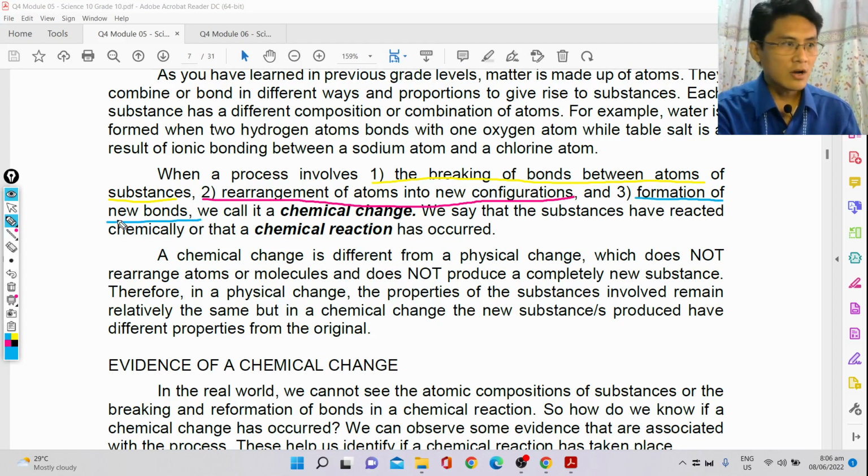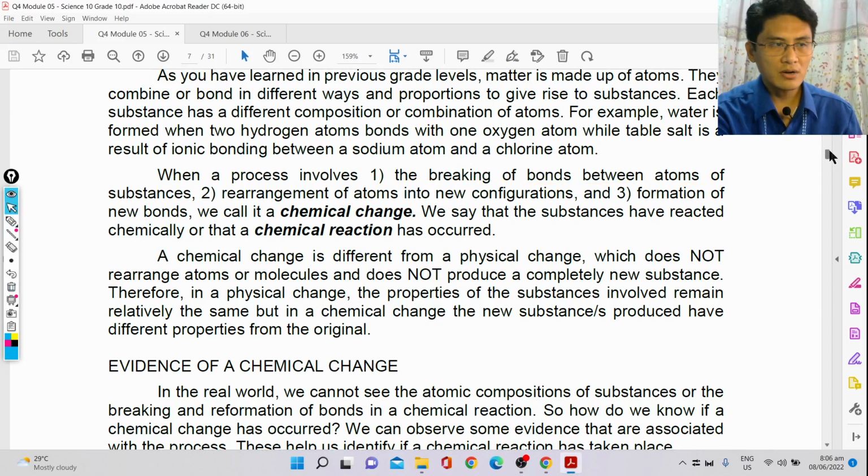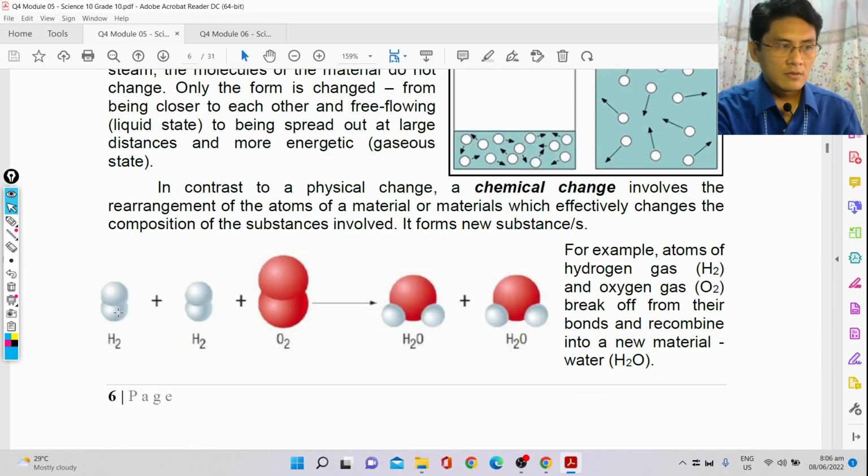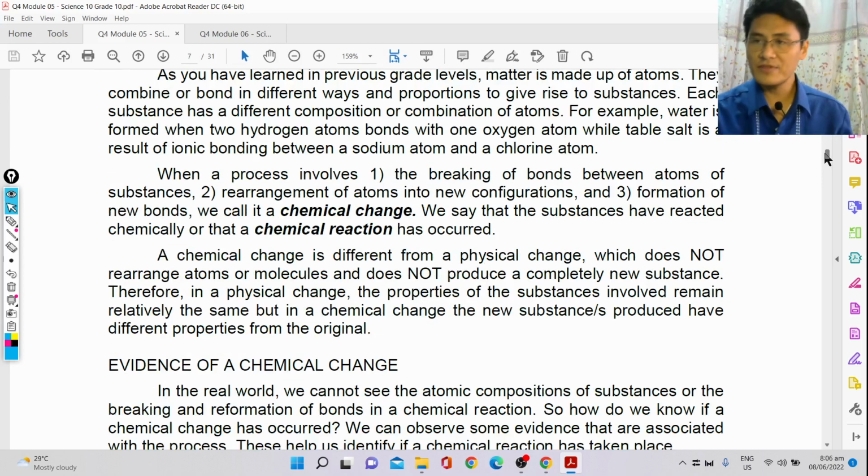Okay? So again, just to make that clear, let's go back to our illustration here. You have the original substances. They have to break their bonds. They have to rearrange into new configuration, and they have to form new bonds. So that's a chemical change. Notice that's very different from a physical change, because when you have a physical change, again, the bonds between the atoms of paper or the bonds between the atoms of the sugar and the water, they did not really have to break, and the atoms were not really rearranged.